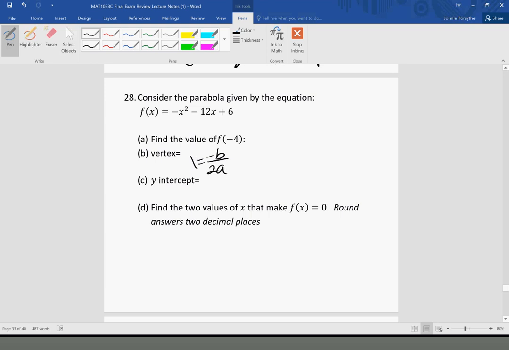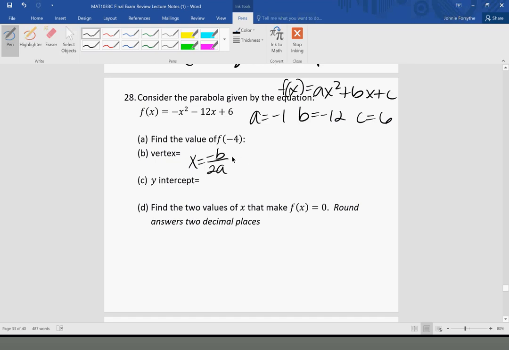So you first want to identify your a, b, and c. Remember, we're getting that from f of x equals ax squared plus bx plus c. In this case, a equals negative 1, b equals negative 12, and c equals 6.